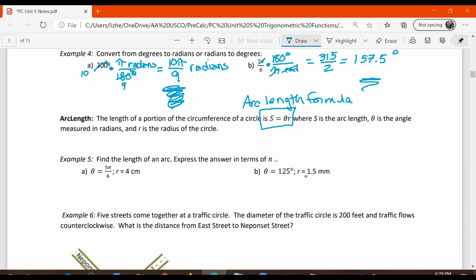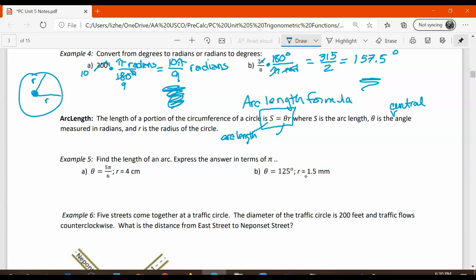So S is the arc length. So here's your arc length. And theta is the angle, but it's not just any angle, it's the central angle. Remember back to geometry, if we have this angle, this is the center of the circle, here's a radius, here's a radius.